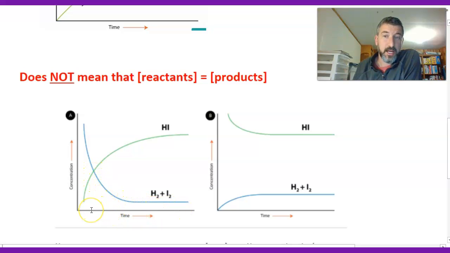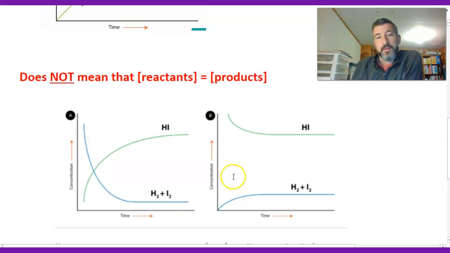And the same thing for the HI. At first, it's going up very dramatically. And then as you're using some of it up, that's going to keep it from rising as quickly. So you can see it's rising less and less quickly, and eventually it levels off as well. When these two lines are parallel to each other, we would say the reaction is at equilibrium.